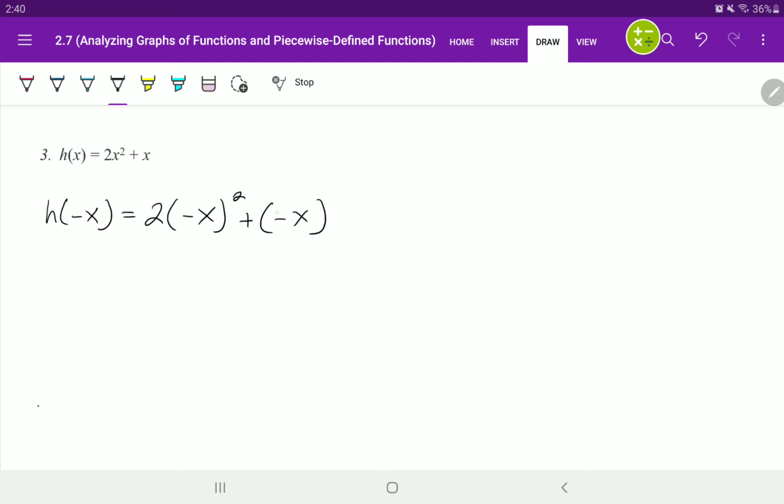A positive times a negative is a negative. So we have 2 times the quantity of negative x being squared, which is going to be x squared, coming out as positive. And it's going to be minus x. So 2x squared minus x.